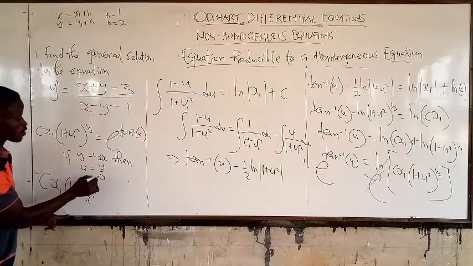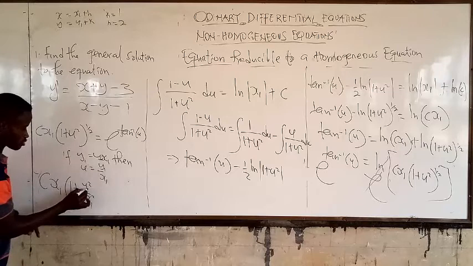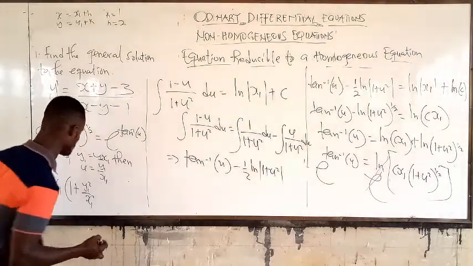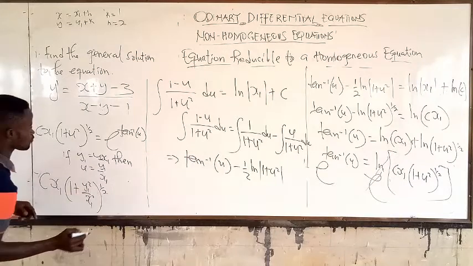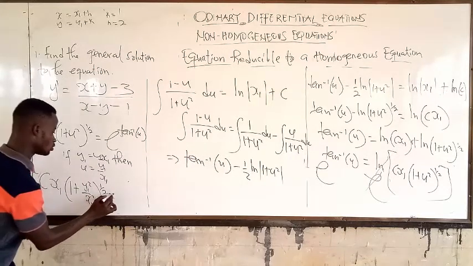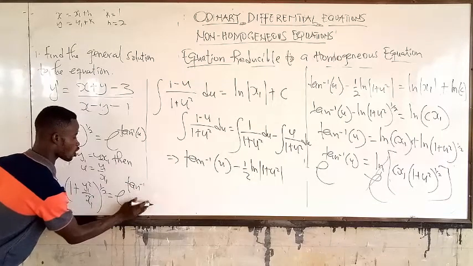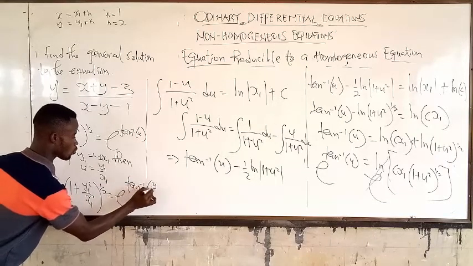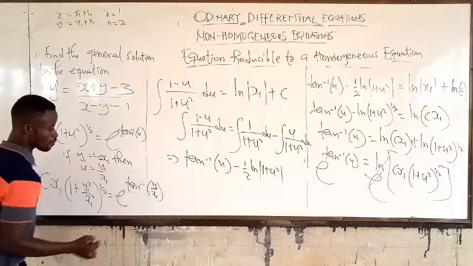Alright? And don't forget, this is even x1, y1, so subtract 1, 1. All to the power half is equal to e raised to the power tan inverse of y over x, with x1 and y1.